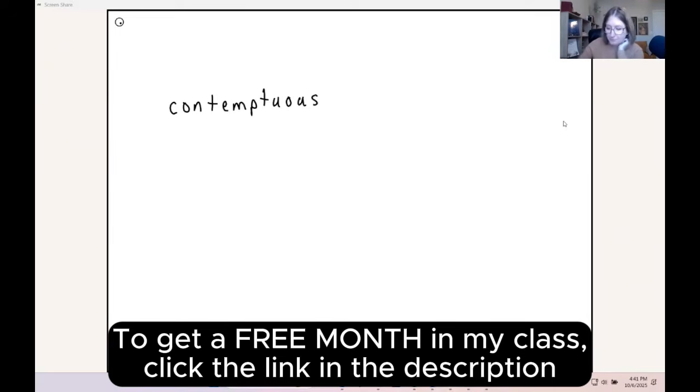All right. When you see a word with a C-O-N at the beginning or a C-O-M, it's a Latin root, I believe. I often get confused if it's Latin or Greek, but I believe it's a Latin root.